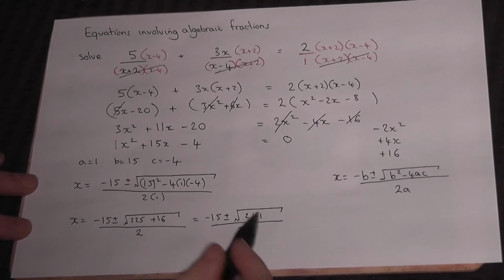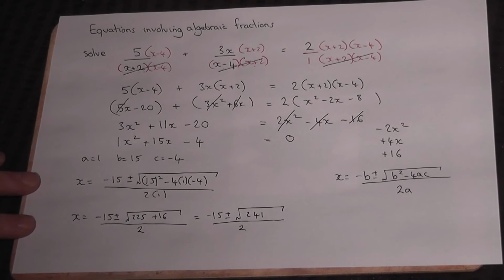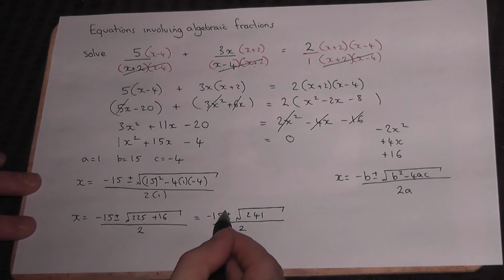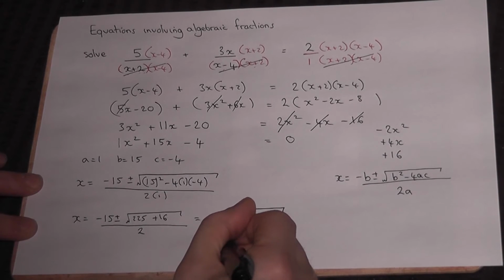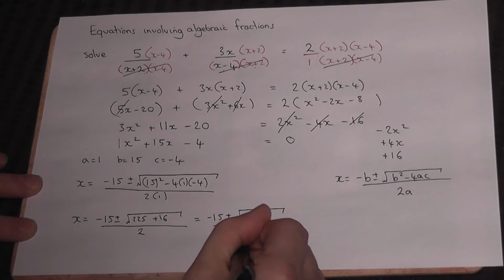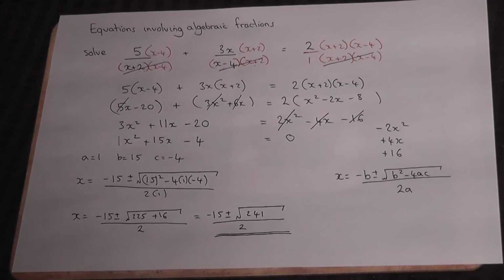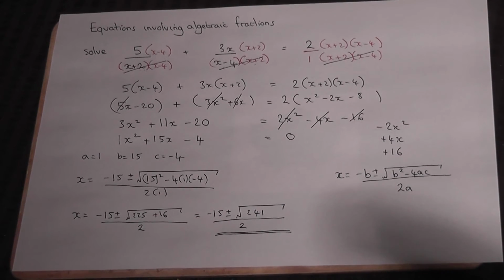Now, these are two solutions left in the form of a surd, either minus 15 plus or minus 15 minus this square root all over 2. And we'll leave it as a surd, like so.